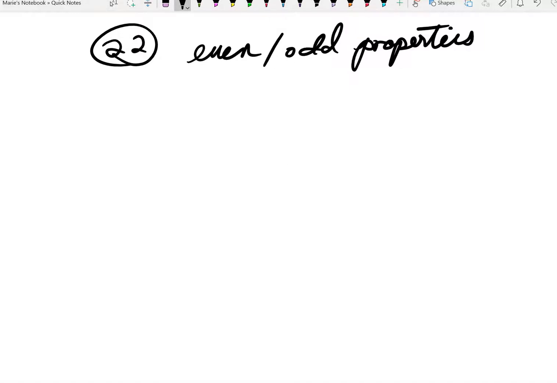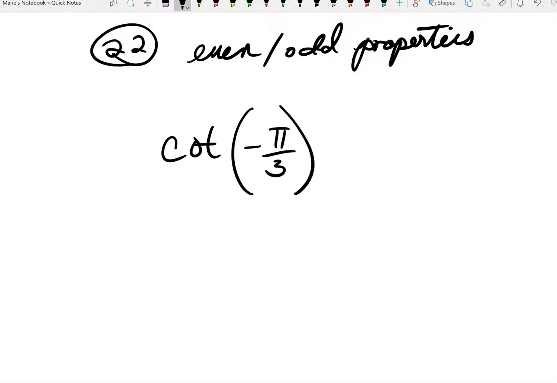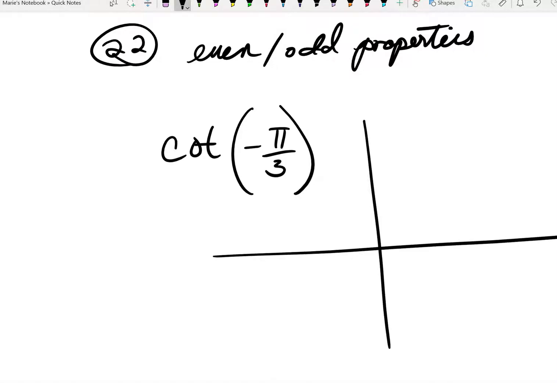So we have the cotan of negative pi over 3. And so when we solve for this, obviously this would be 60 degrees, which it's negative cotan, so I have to be most likely in this quadrant.